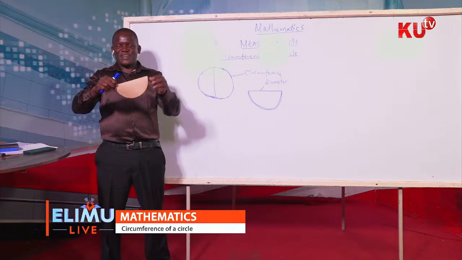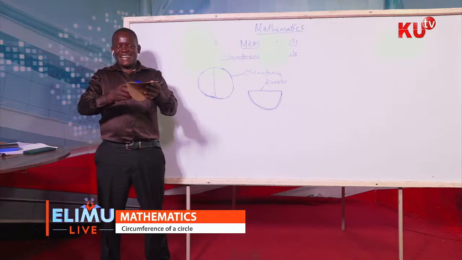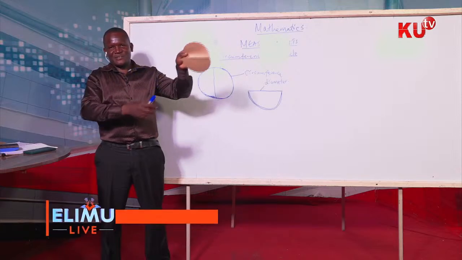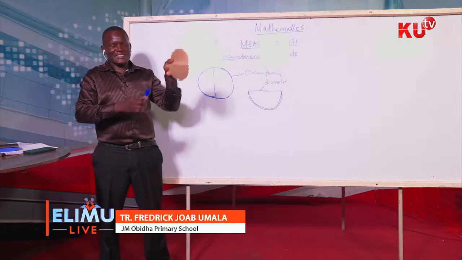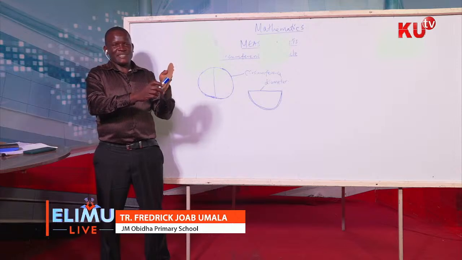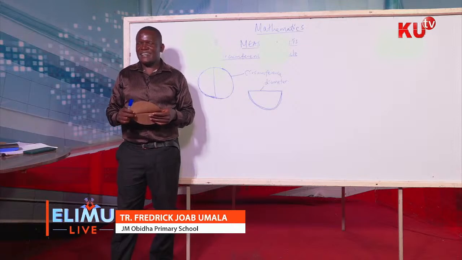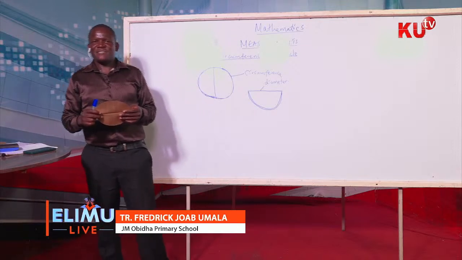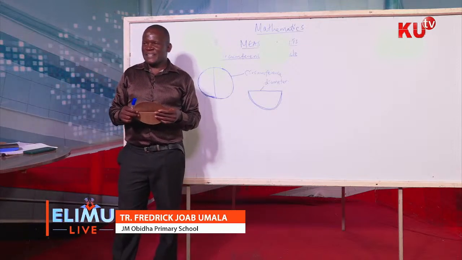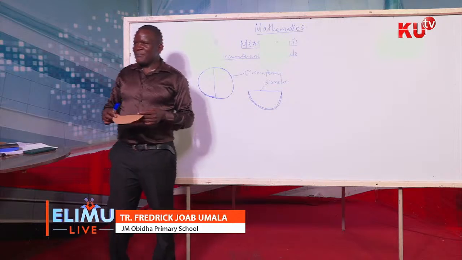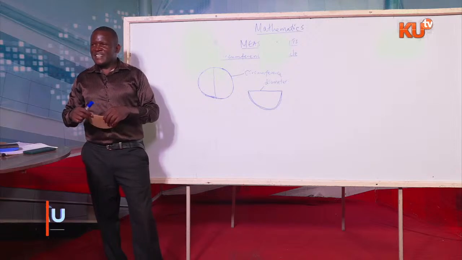And that's why I'm saying that the line that passes directly at the center of this circle, as you can see, is known as the diameter. So the diameter is a line that divides a circle into two equal parts.